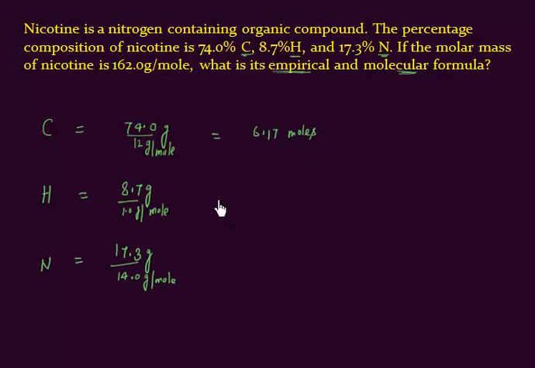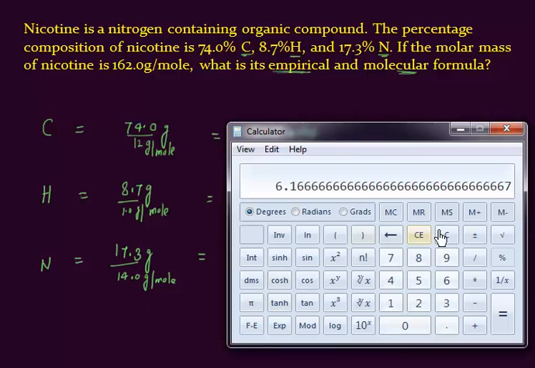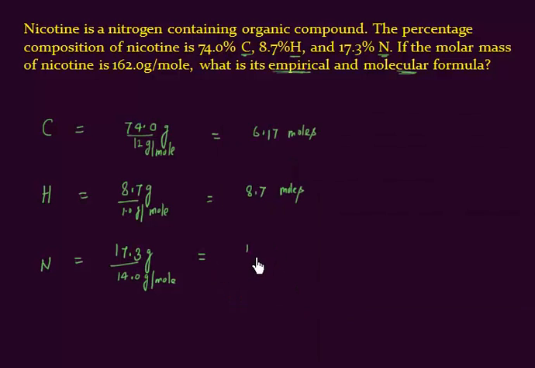Well, when we divide 8.7 by 1, we get 8.7 moles for hydrogen part, and for nitrogen we divide 17.3 by 14, and the value we get 1.24. We can round out those figures, 1.24 moles.